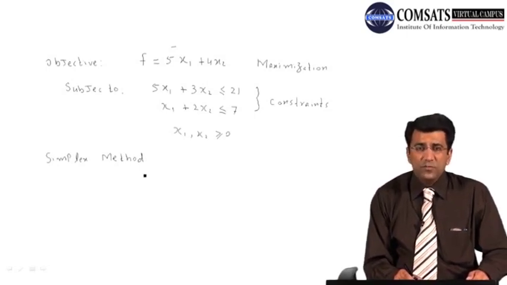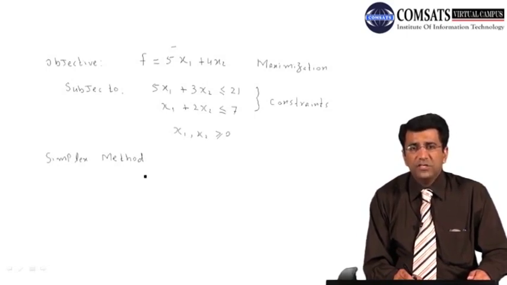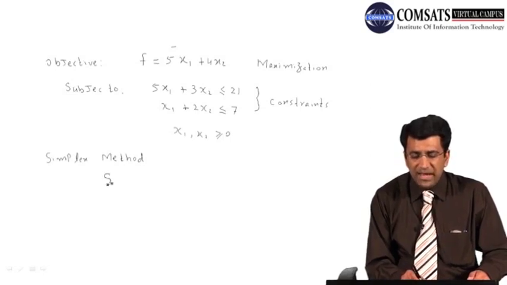Before starting to solve the problem, I would like to tell you how we can convert these inequalities into equalities in the simplex method. There are three types of variables which we introduce in this method. One is known as the slack variable.